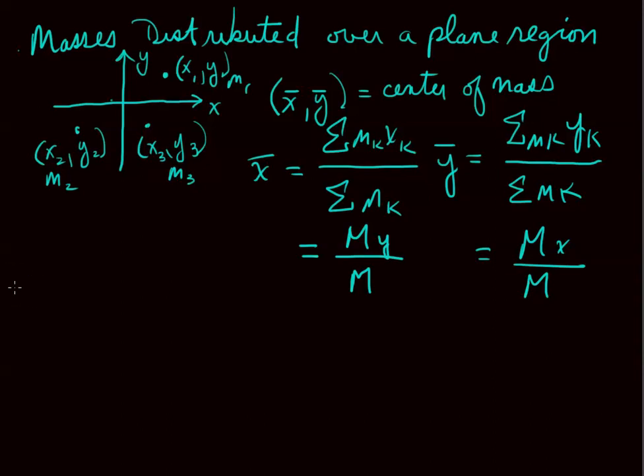So you're probably wondering why the x bar uses this summation m sub k x sub k. That seems to make sense, but then this is the moment about the y. How can that be?